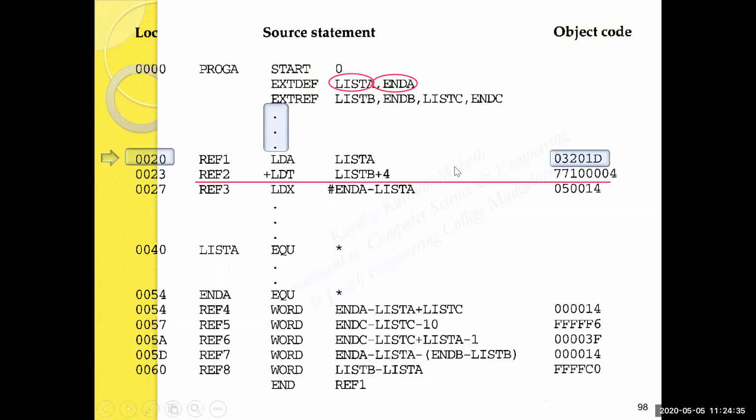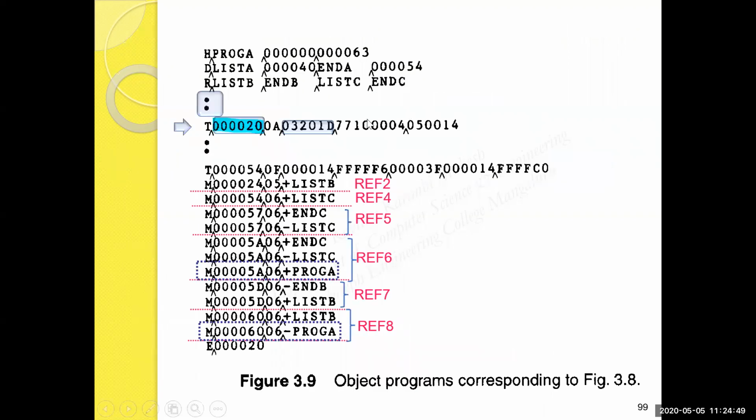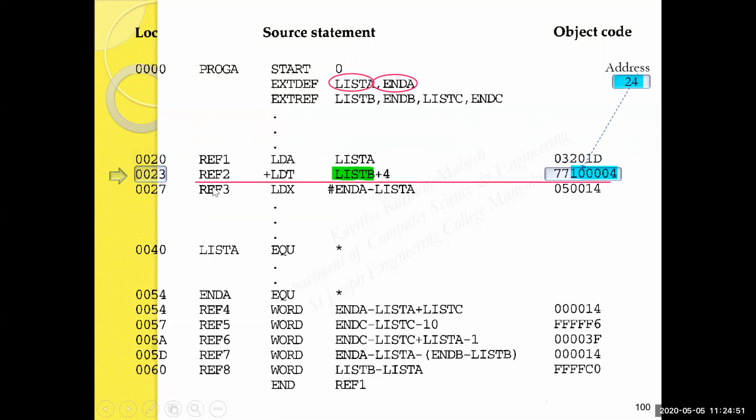Please note this instruction does not require any modification record, as the program counter relative mode of addressing was used in assembling, and the instruction was completely assembled without any external reference. So 03201D is placed.